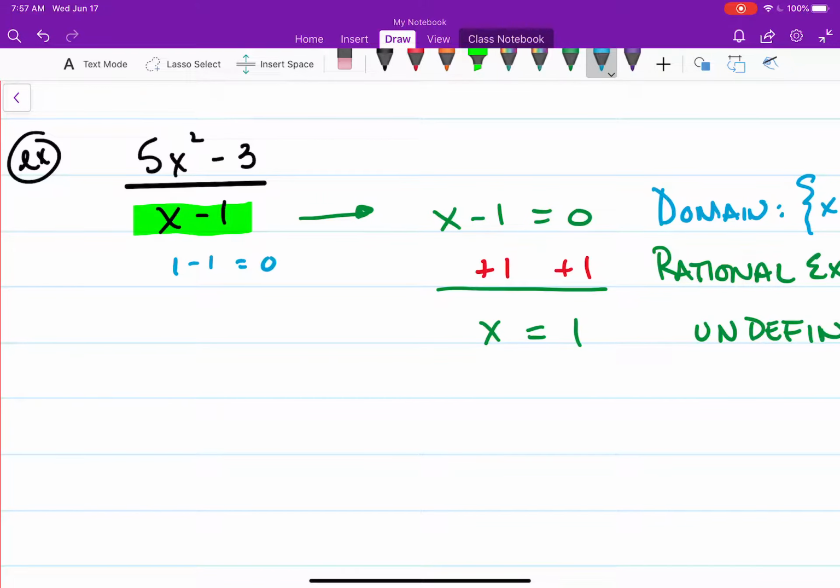Then I'll have a fraction that's over 0, which makes the fraction undefined. Okay? So that's all that's saying.